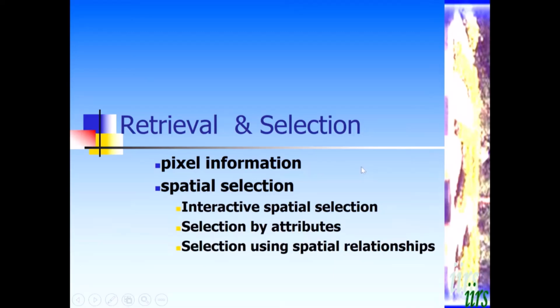In vector also you can use it, and you will reveal a lot of information with this pixel information and identify operation. The information window, basically. Identify. Okay. Then spatial selection operations, you can do it in interactive mode or using attributes or using spatial relationships. So we'll also learn about spatial relationships in a few minutes.